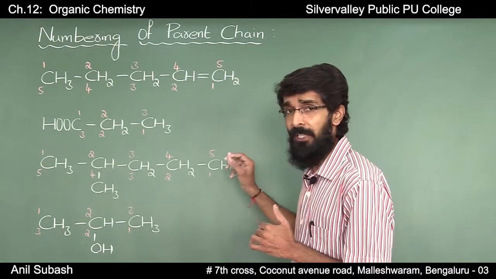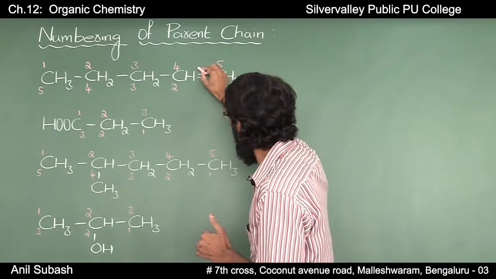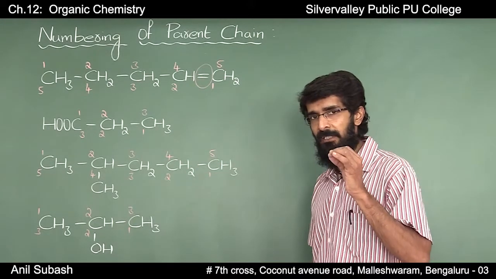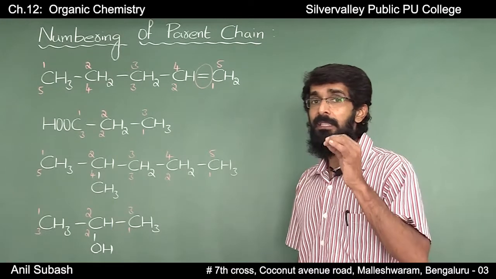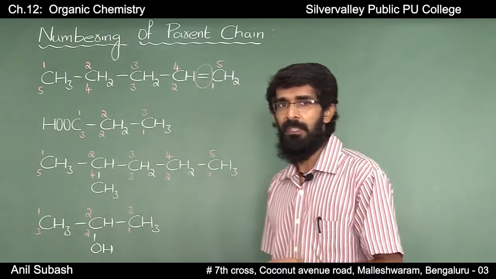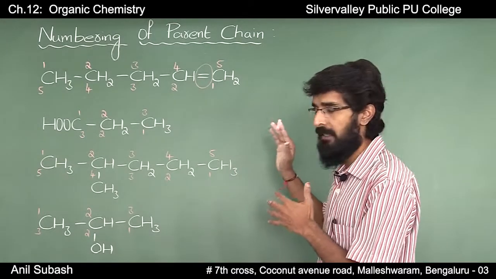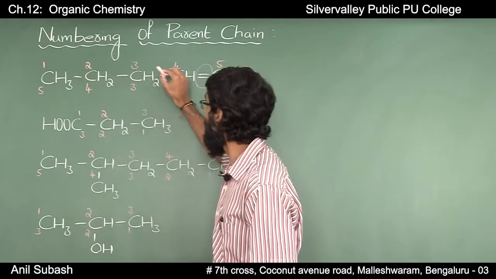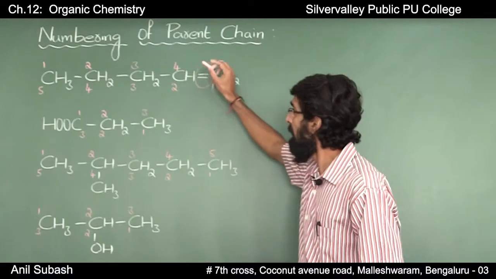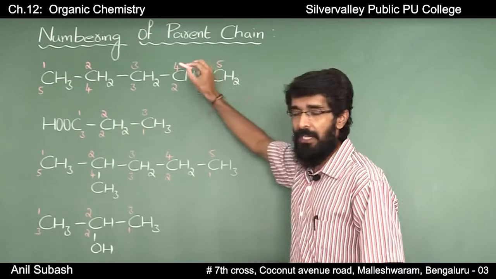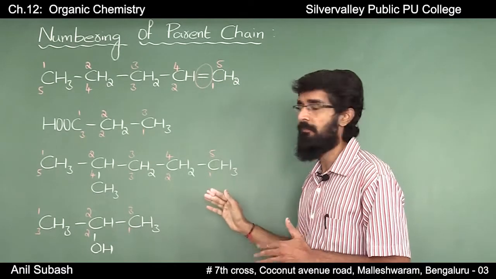If we observe here, the parent chain contains a double bond. According to the lowest number rule, the double bond should get the least number. So, if I number it from the left hand side, 1, 2, 3, 4, 5, the double bond lies between the 4th and 5th carbon atoms.